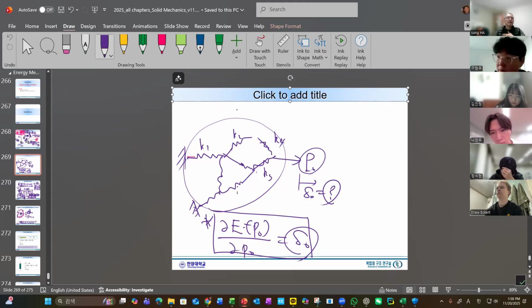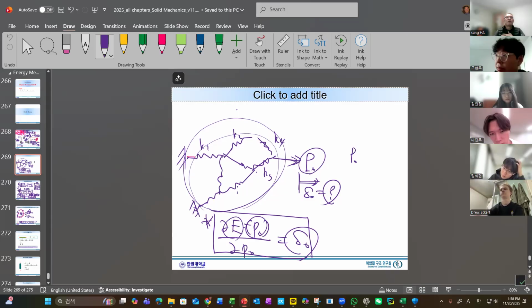And then again, if the strain energy of the whole structure is given in terms of P0, then we take the derivative with respect to P0, and this will be the delta in the direction of P0. You need to remember that P0 is parallel to delta zero. When we apply P0, the deflection may be this way, right?